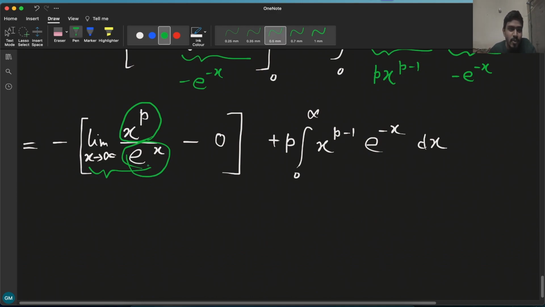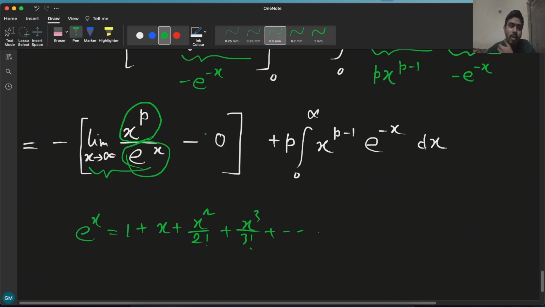One very easy way to tell is like e to the power x. If I expand this e to the power x, there will be all different powers of x present in the expansion. So it will be 1 plus x plus x square divided by 2 factorial plus x cube divided by 3 factorial plus dot dot dot. So in this expansion, x has all powers.